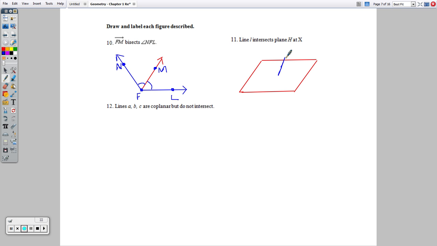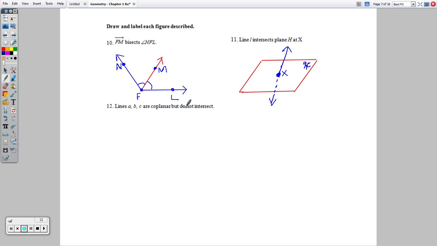So pretend it's like an arrow shooting through the plane, and it intersects at X. So that point where it comes through that plane would have to be X, and it's called plane H, using script capital letters for that. So there's H. That's a horrible looking H, but that is plane H right there.